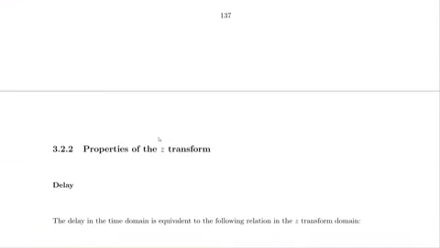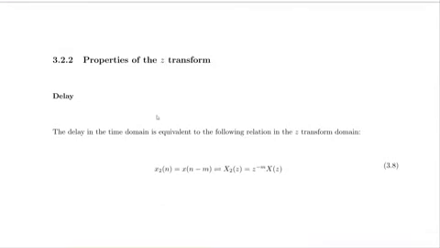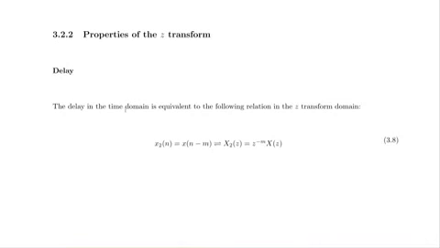Now, properties of the Z transform. Delay. The delay in the time domain is equivalent to the following relation in the Z transform domain. x2 being x of n minus m, we will have z to the power of minus m times x of z.